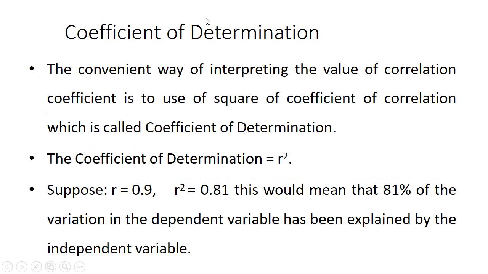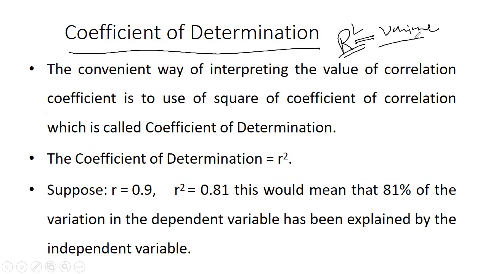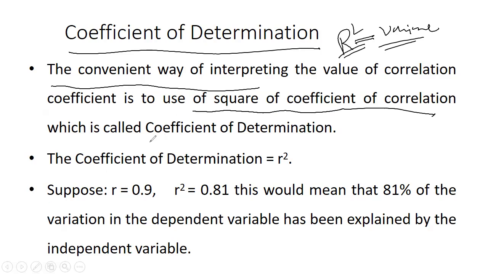Now, the next term is the coefficient of determination, basically R square. R square tells us about the variance, how much variance is explained by one independent variable or other independent variables. A convenient way of interpreting the value of the correlation coefficient is to use the square of the coefficient of correlation, which is called the coefficient of determination.